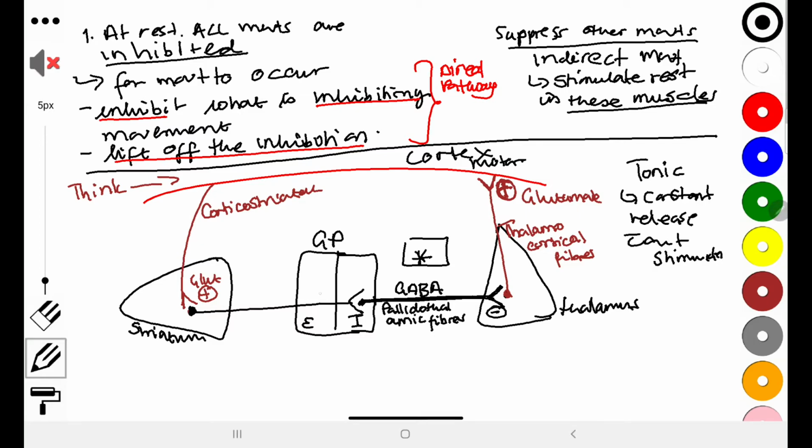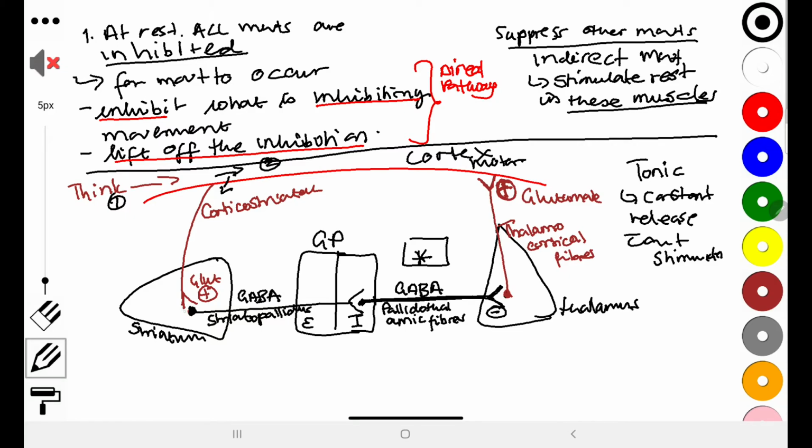These are of course GABAergic, and the name is striatopallidal because it's coming from the striatum going to the pallidus area. So you think that's number one. It goes, of course, to the motor cortex. That's number two. But again, it also stimulates the corticostriatal.